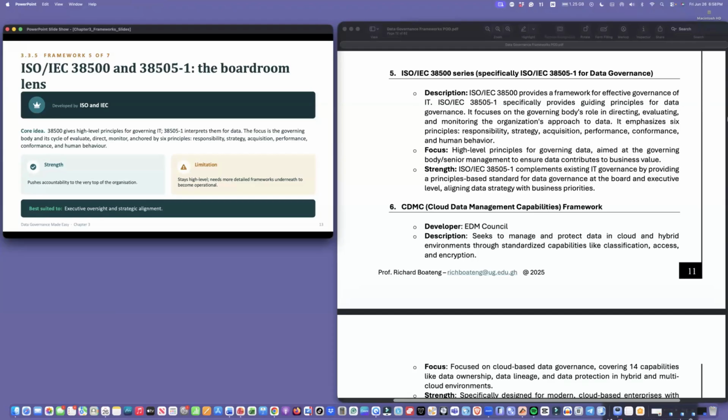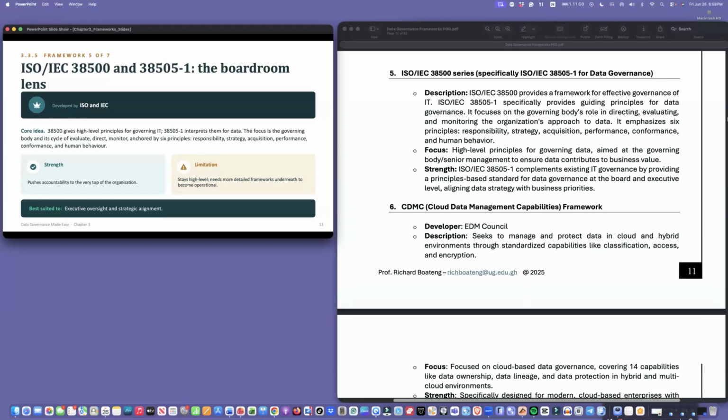But if the board sees that they cannot do this extensive examination and assessment, they may have a different committee that will report to the board. Now, its strength is that the principles for data governance are discussed at the board and executive level so that they can align the data strategy, the governance strategy of data, with the business priorities, which is very good.